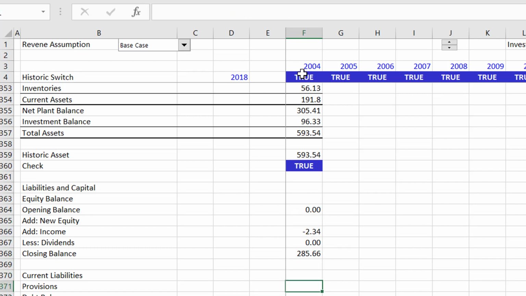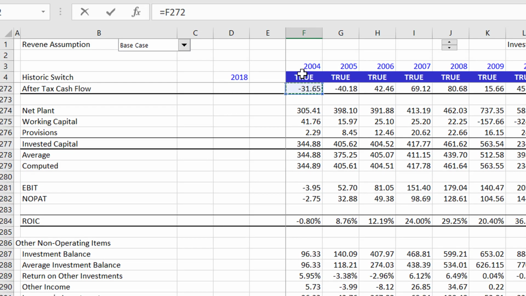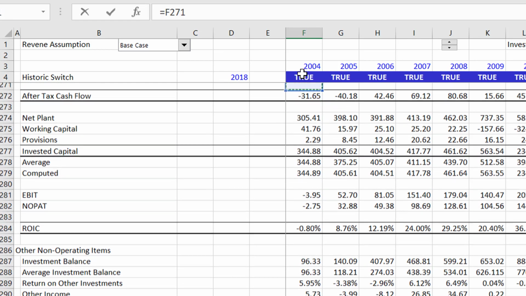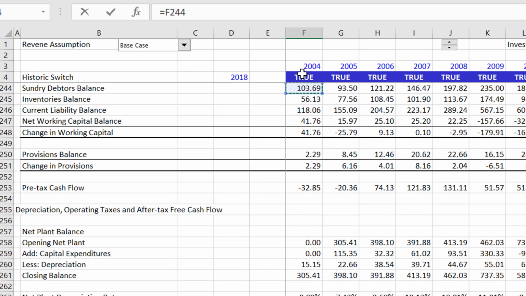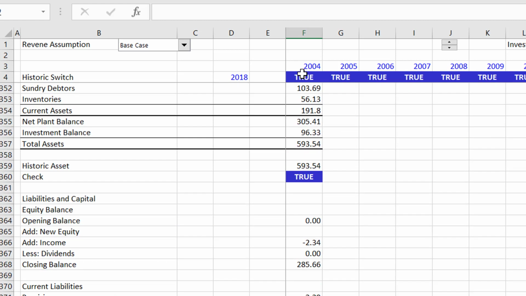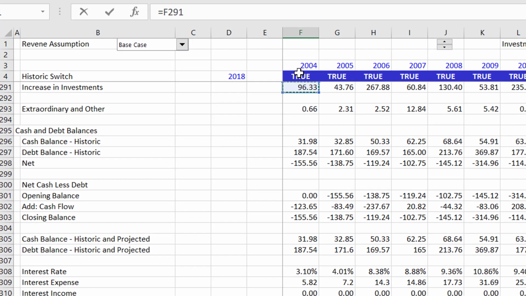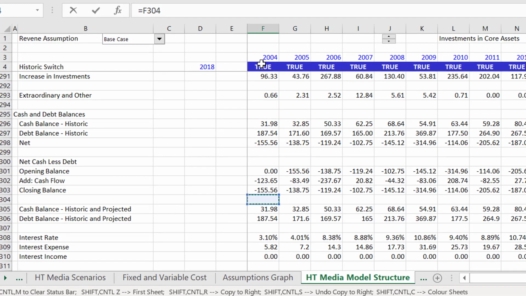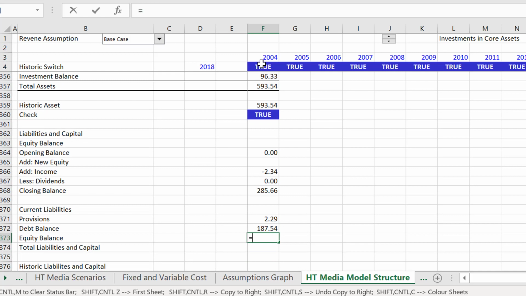Okay, and then we go and get our balance of the provisions, the warranties you have, and all of that stuff. And here it is. And then we get our debt balance, and again, we could get much more sophisticated here, but this is a way to start.